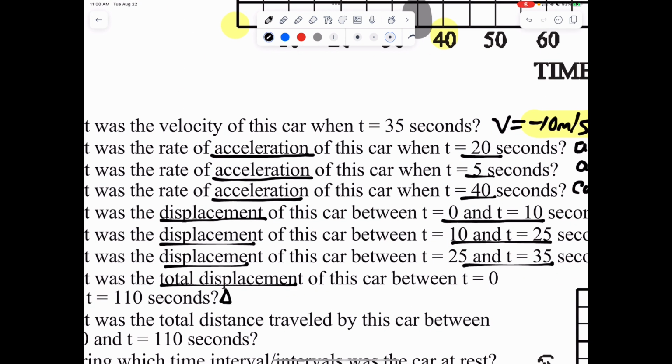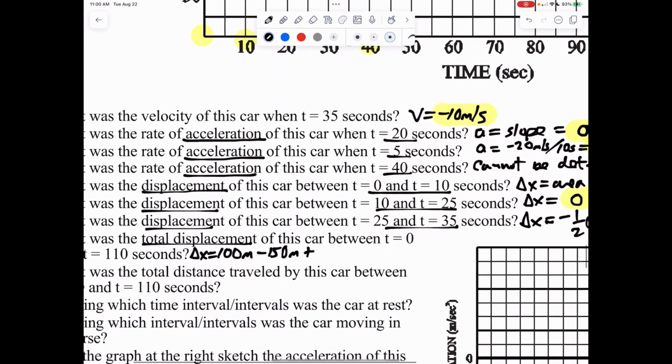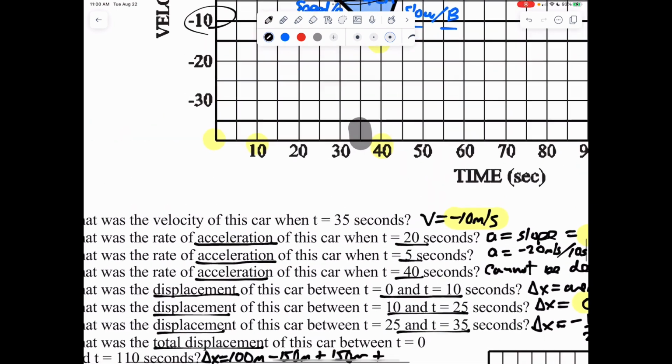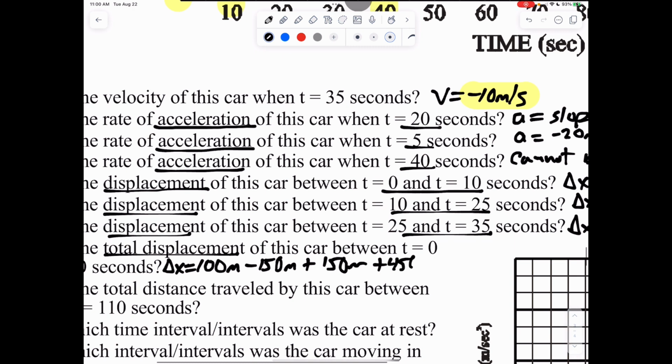So our total displacement would be 100 minus the 150, which is the negative displacement, plus the 150. You can see that's going to cancel right away, right? Plus the 450 plus the 600 meters. And you should get about 1,150 meters if you do it right.